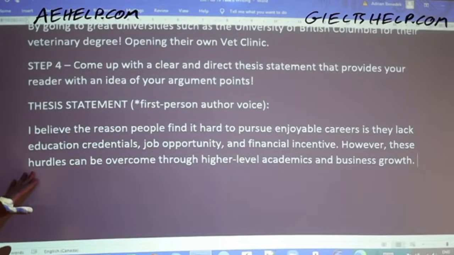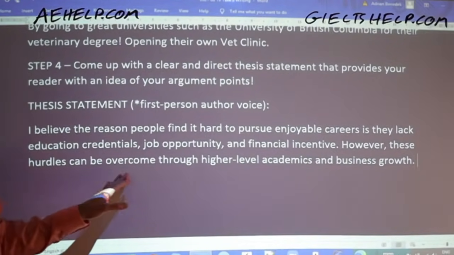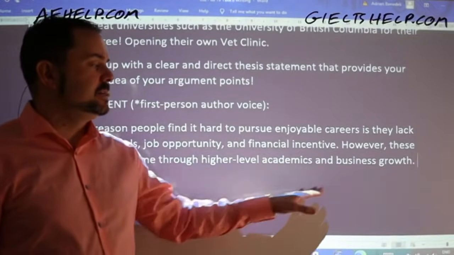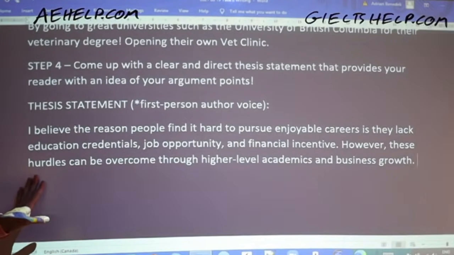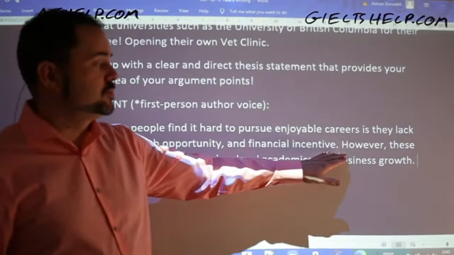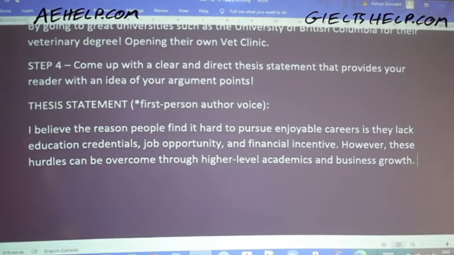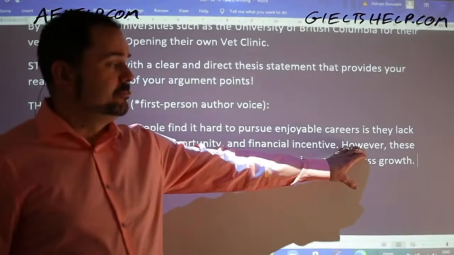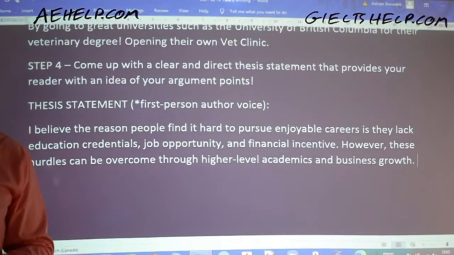However, these hurdles can be overcome through higher level academics and business growth. Okay. All right. Let's see what you come up with. So notice again how it's two parts. So here, basically the first sentence will be my first body paragraph, and my second sentence will be my second body paragraph, right?